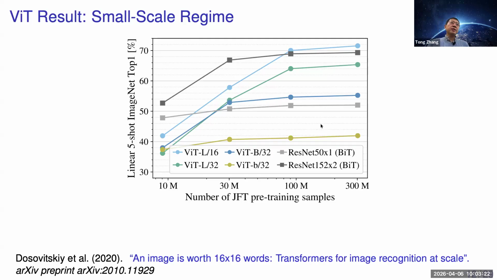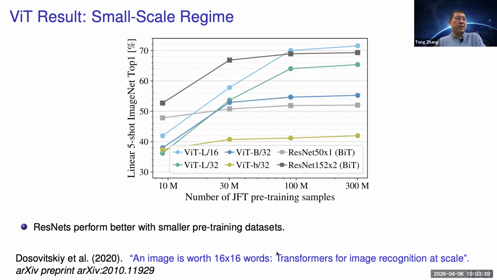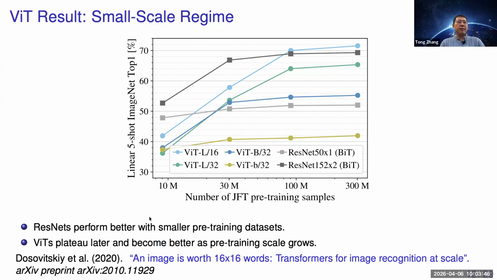So the point is they can scale up to a certain scale. This inductive bias doesn't help anymore when you have a 300 million scale. So this is one thing to talk about: ResNet performs well with the smaller data, and then ViT can take over when you have a large one.